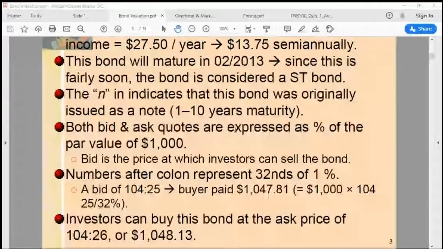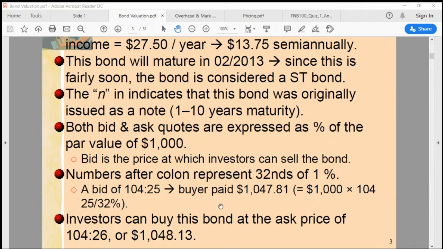so they're using the 32nd system. A bid of 104:25 means 104 and 25/32 percent.